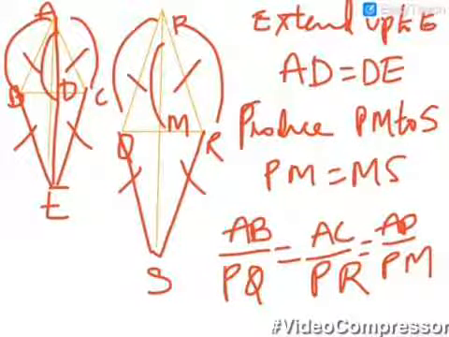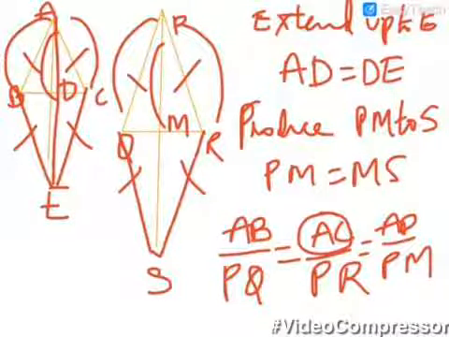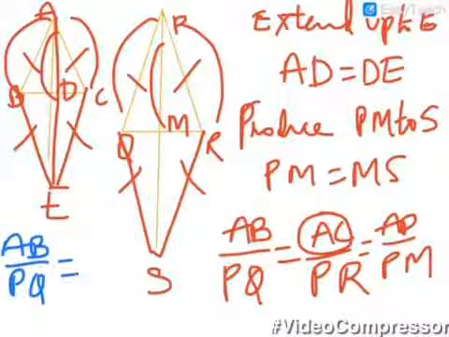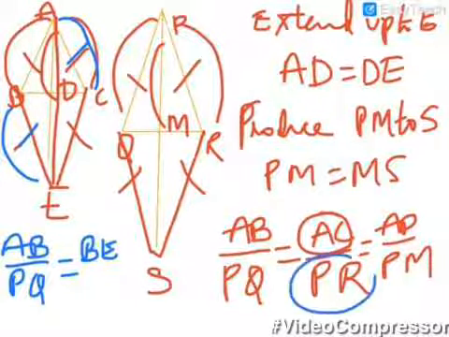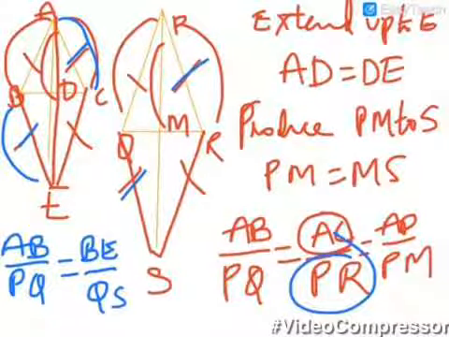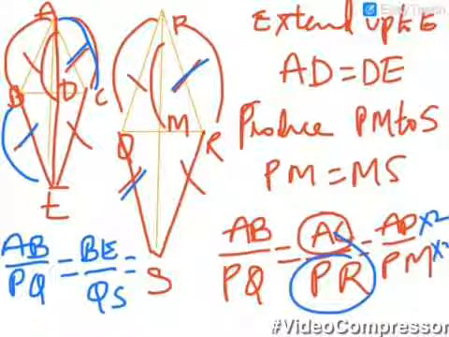Now let's do a small thing. Instead of AC, what can we take now? Let's change the color for proof's sake. AB by PQ, let's leave it this way, is equal to AC. In place of AC, we can take BE, because opposite sides are equal. And in place of PR, we can take QS, is equal to, in place of AD by PM, we will multiply with 2 and 2.